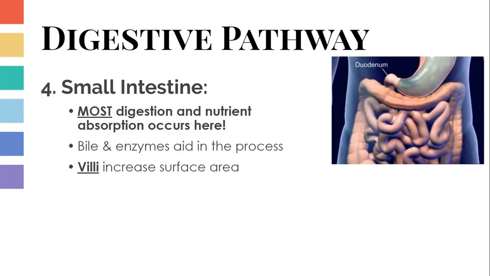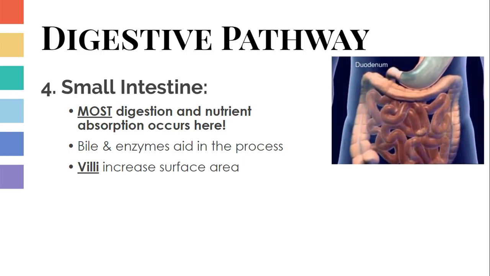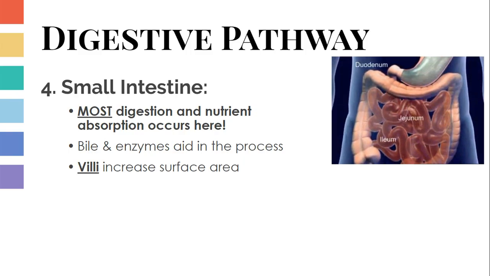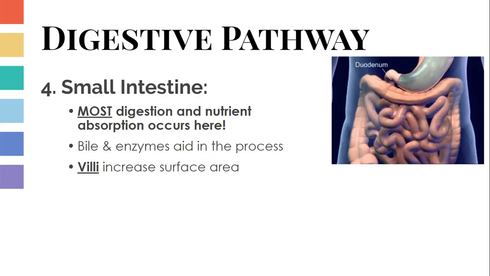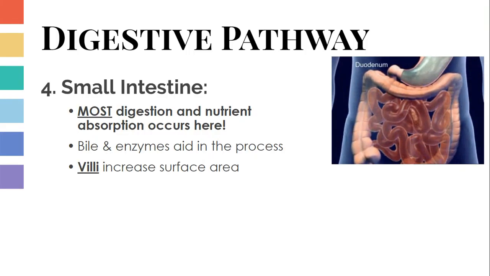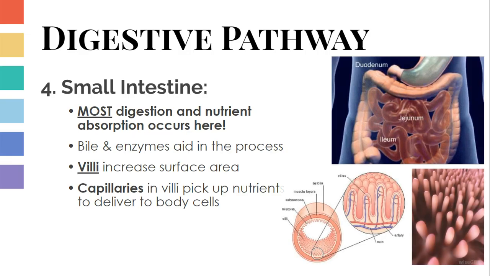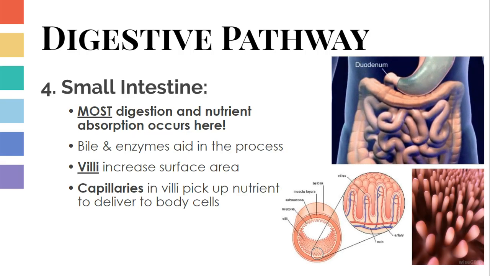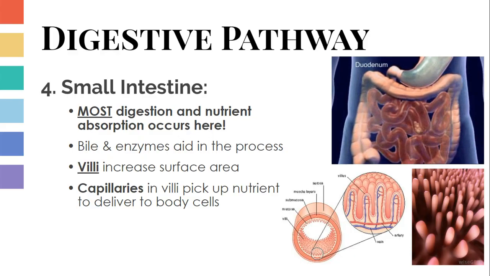The other thing about the small intestine is, even though it's small and skinny and narrow in diameter, what increases the surface area even more are these tiny little projections called villi. And inside of these villi are capillaries. So this is where that absorption is taking place.